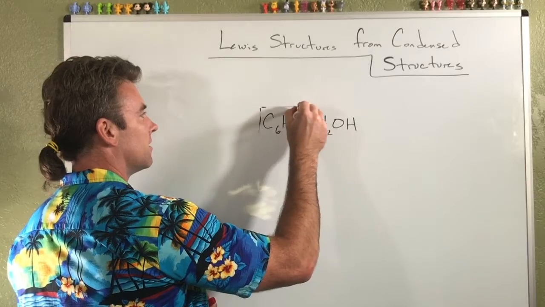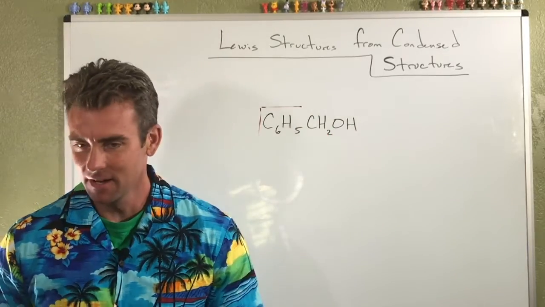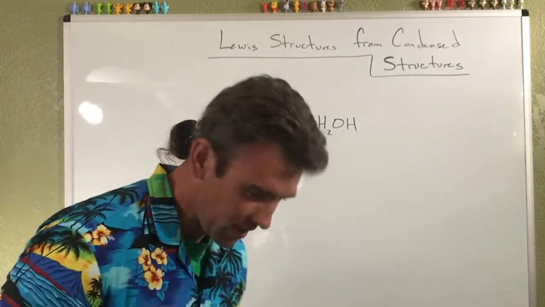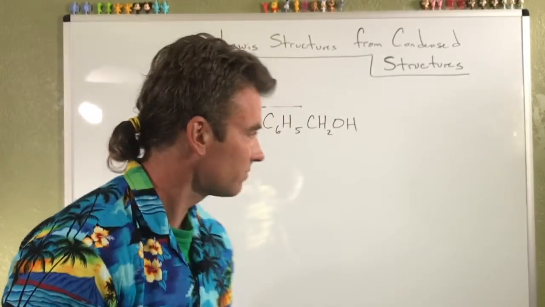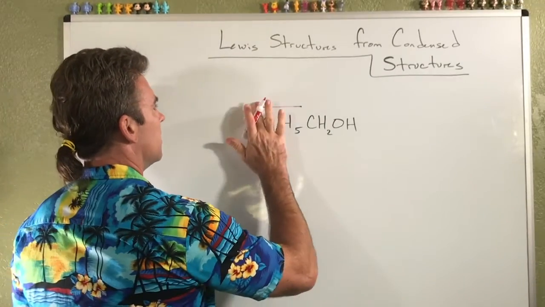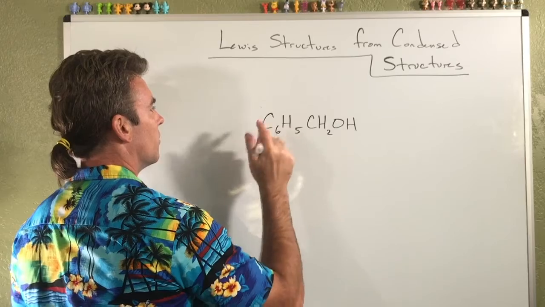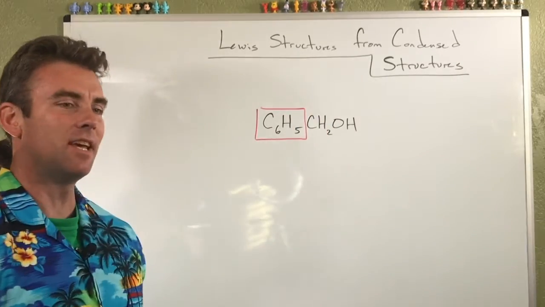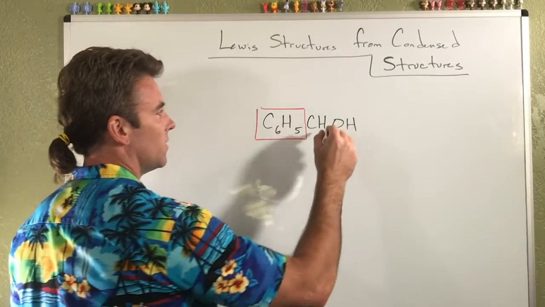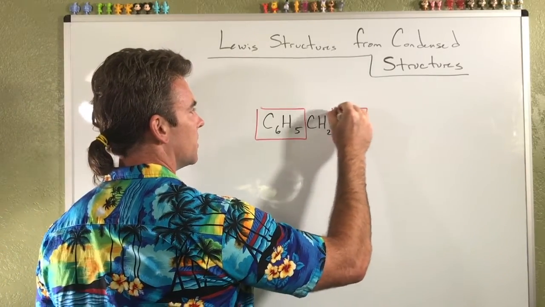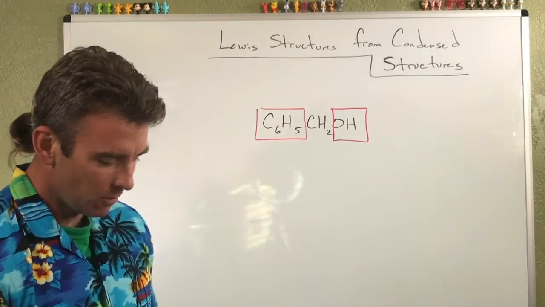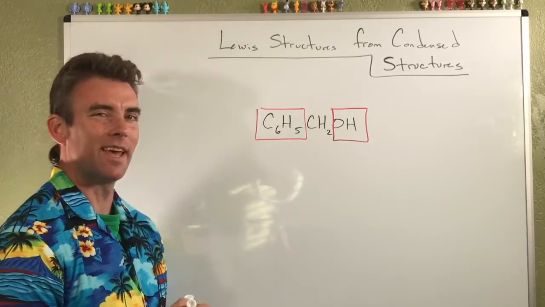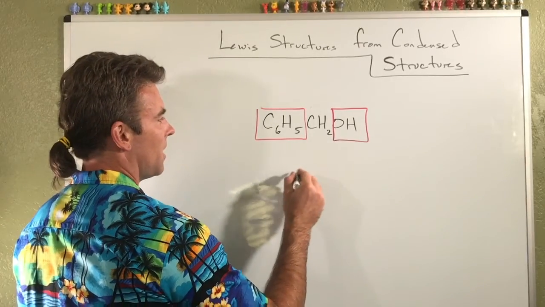This is called a phenyl group. Anytime you see that C6H5, they're always trying to tell you that that's a phenyl group, and this, of course, is an alcohol. So I just wanted to show you this just in case you happen to encounter it anywhere.